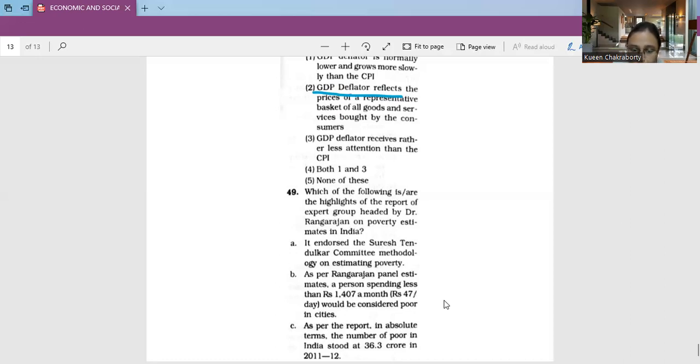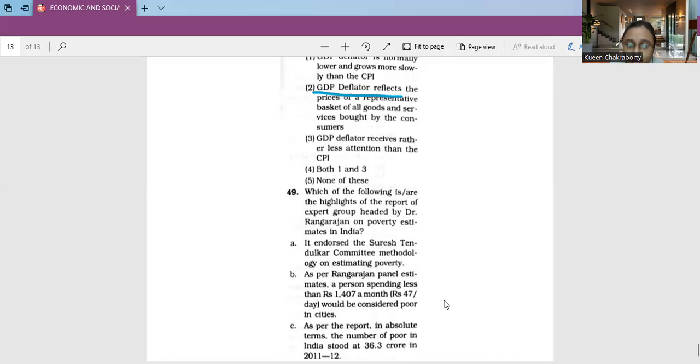As per the report, in absolute terms, the number of poor in India stood at 36.3 crore in 2011-12. So the expert group headed by Dr. Rangarajan dismissed the Suresh Tendulkar Committee methodology on estimating poverty, which is one of the basic criteria.